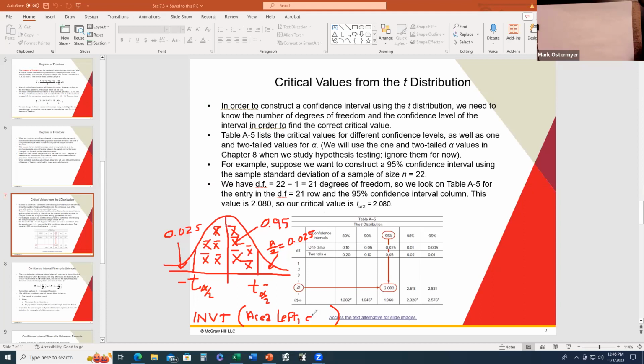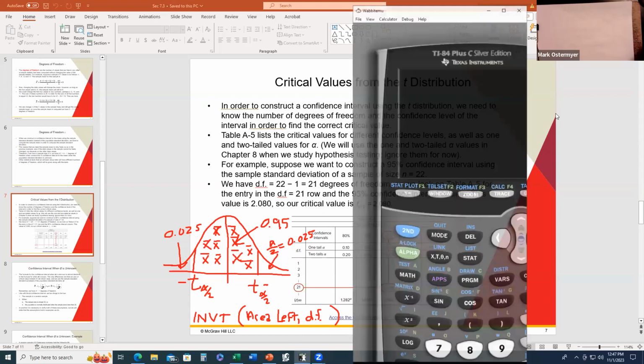And then we're going to have our degrees of freedom, which is n minus 1. Okay, so let's see if we can find these critical t values, between which lies 95% of our curve, or 95% of our sample means. So to do that, we're going to bring up our TI calculator here.